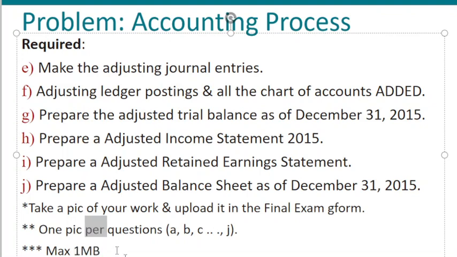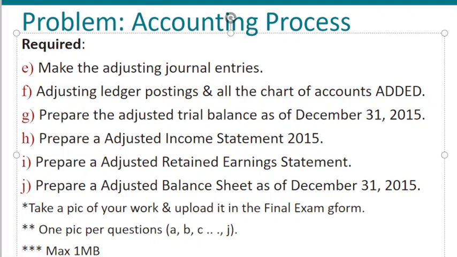It is already clearly stated as an instruction that you have to submit or upload one picture per question. That is your answer. Your answer should be included in one picture. If you have 20 pages in one question, you have to put all the 20 pages into one page.